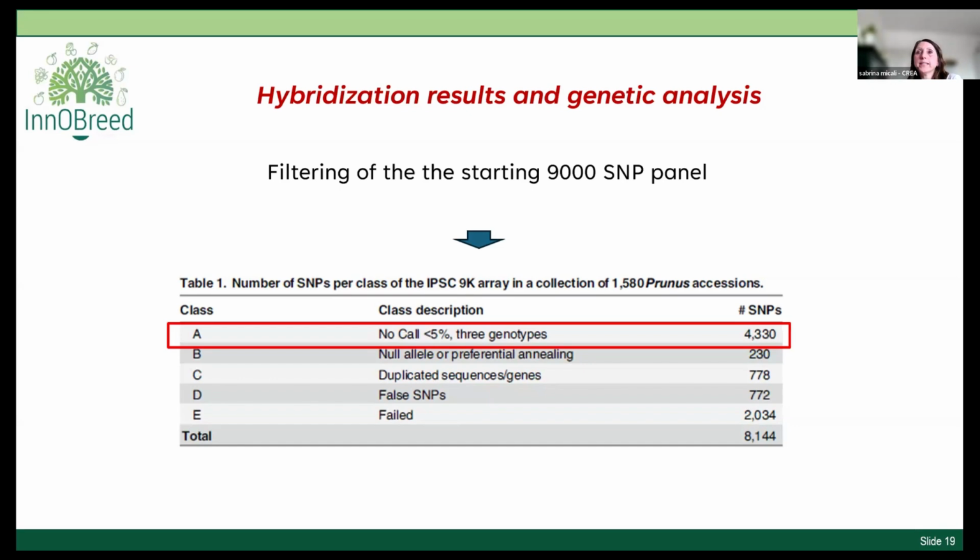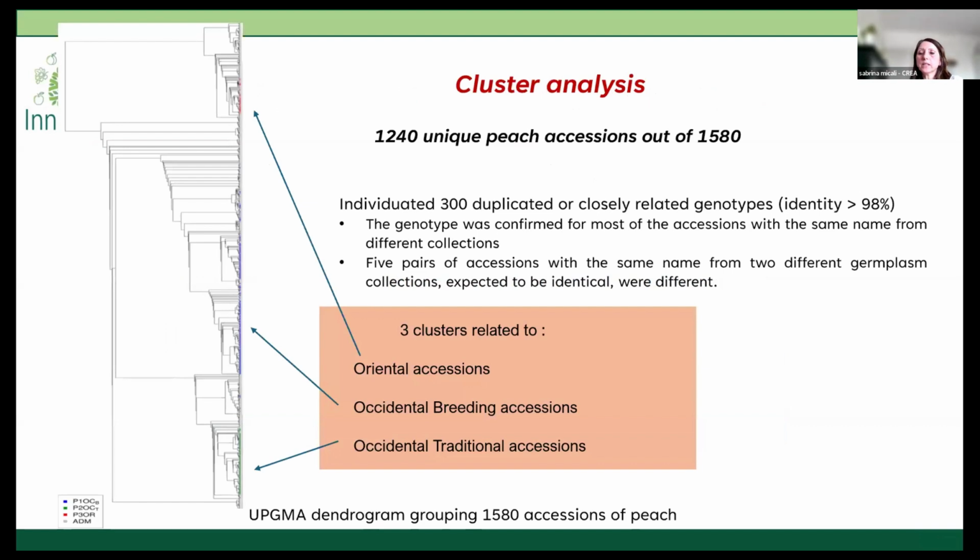So we ended up from the starting panel with 5,330 markers.